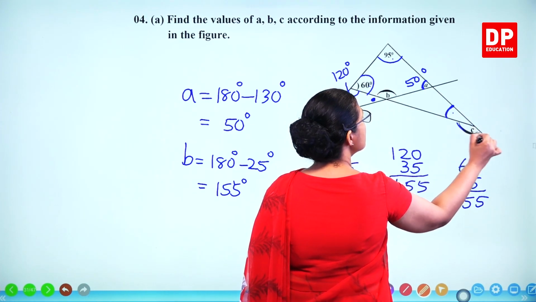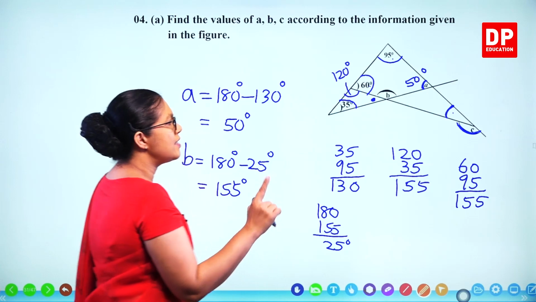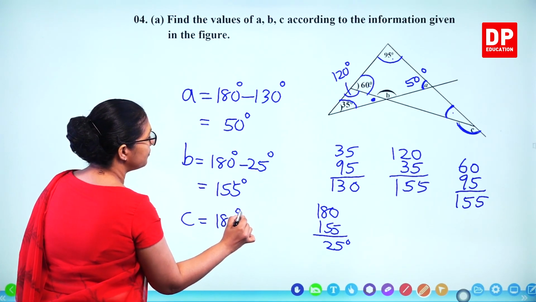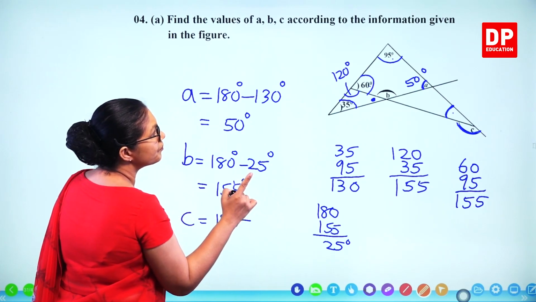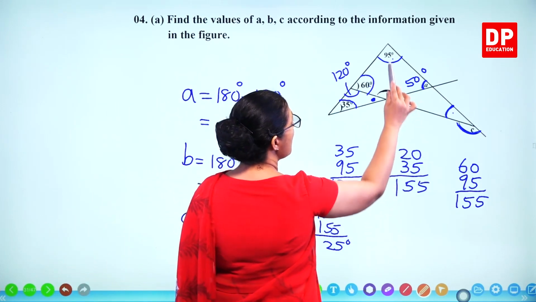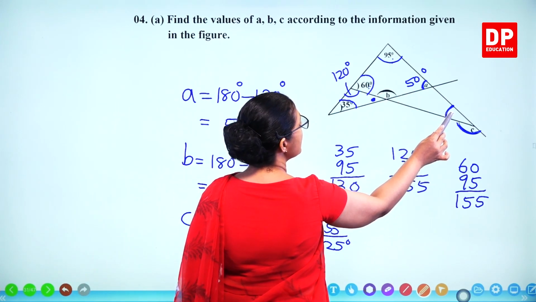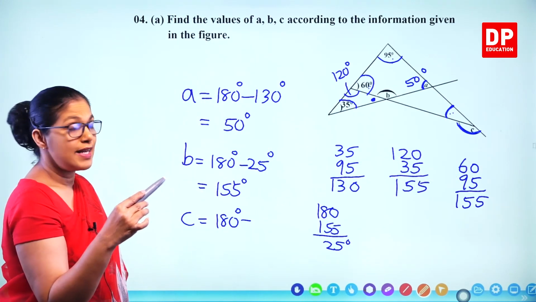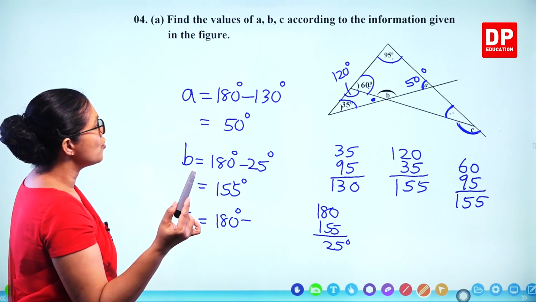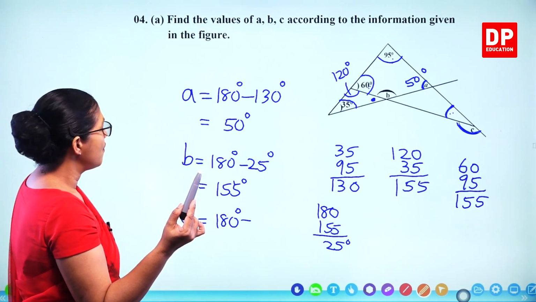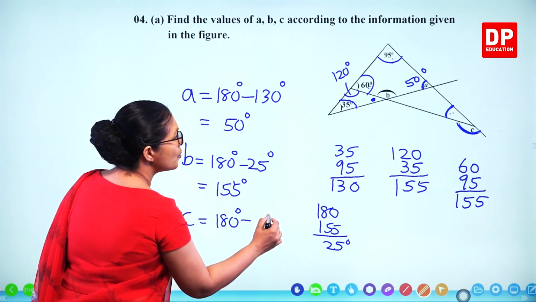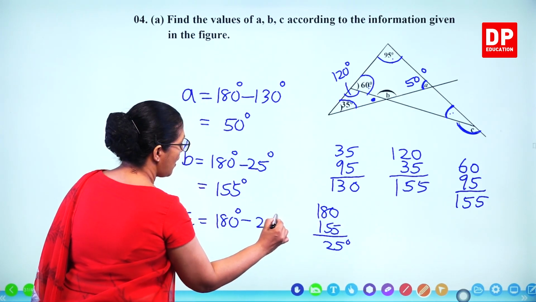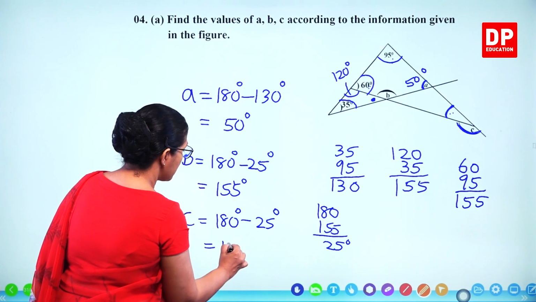So C means 180 minus 155. No, 155 is these two. So 180 minus this. Again subtract 100 from 180. You get the same answer. So we did the same calculation. So 25. So same as the B value.